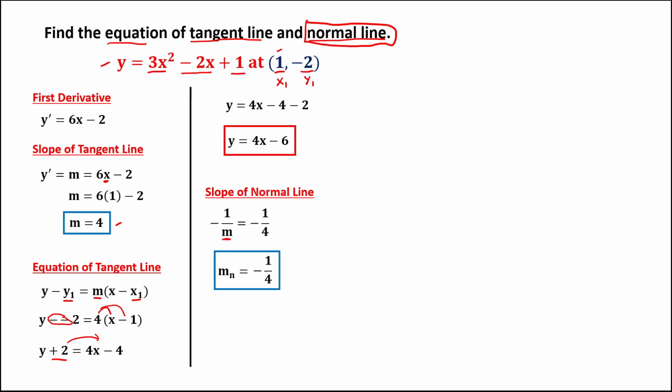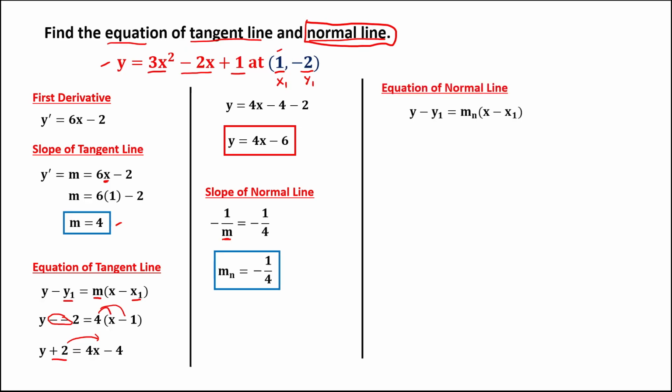Then from this slope, we can find now the equation of the normal line. So the same formula. So we have y minus y sub 1 is negative 2, then equals the slope of the normal line is negative 1 over 4, then times x minus the x sub 1 is positive 1.